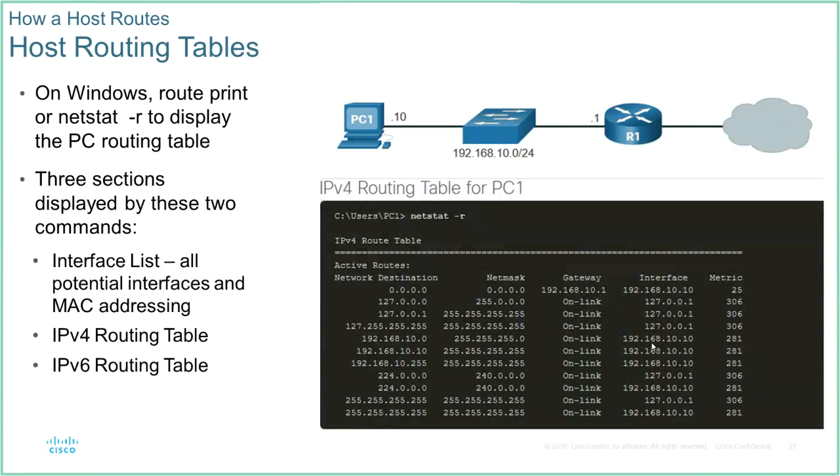I send it out of this interface. And you're going, well, wouldn't it all be that interface? Well, technically it is, because 127.0.0.1 is the same as that one. It's your network card.